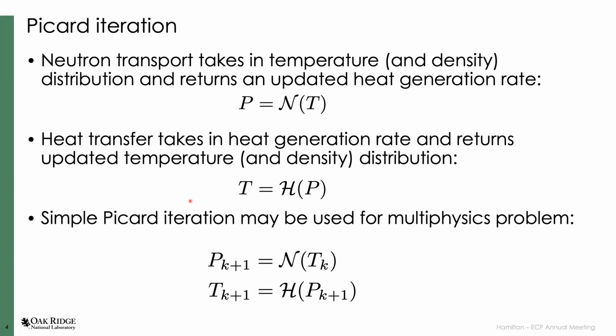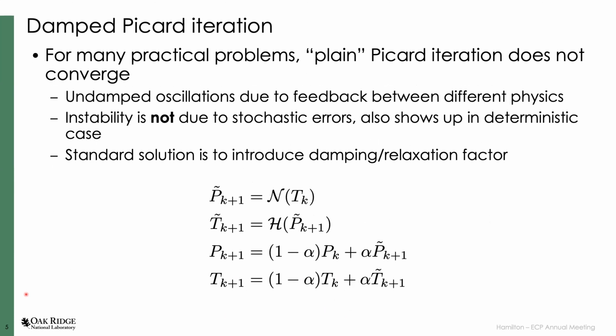Similarly, on the heat transfer side, we start with that power as a source term, and the result of the solve is a new temperature distribution. If we want to write Picard iteration, all we do is put iteration indices on these. Given a temperature distribution at iteration k, that gives us a new power. That most recent power goes into a heat transfer solve and gives us an updated temperature. That's our simple Picard iteration.